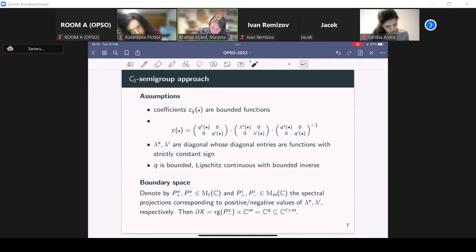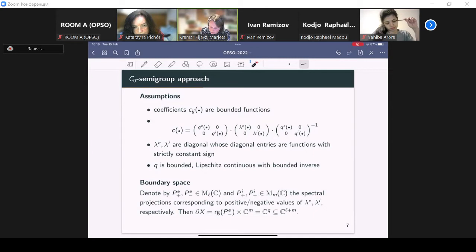So one can diagonalize this matrix in such a way that these matrices here are bounded, Lipschitz continuous with bounded inverse. And then these lambdas are the diagonal entries, and E means external, I means internal. So these refer to the non-compact edges, and these to the compact edges.